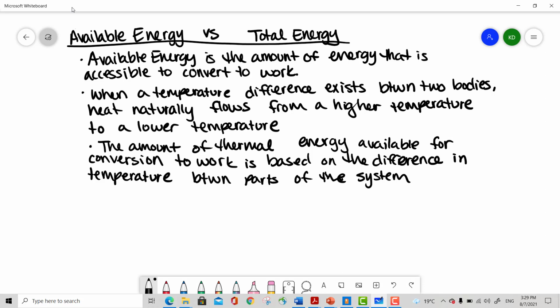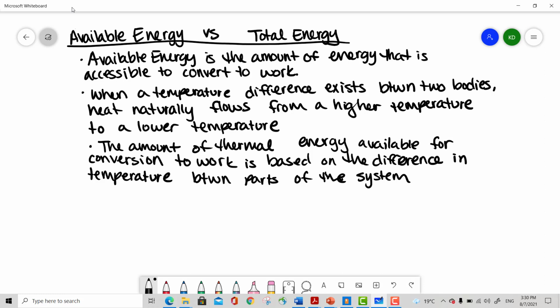So if we've got a hot cup and a cold cup, and when we put those together, we're going to have heat flowing from the hotter cup to the colder cup in the end goal of thermal equilibrium. Well, to make those transfers, we have to have energy. Our energy is being moved between those two cups by way of heat transfer, by way of Q. So if we get to thermal equilibrium, there is no energy to move.